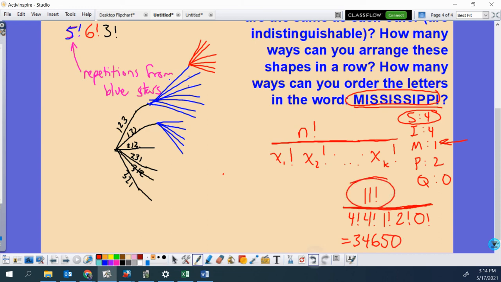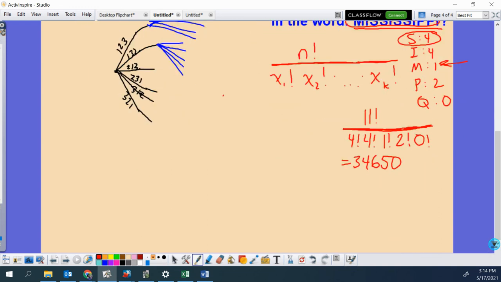If you want to do something like this by hand, if you're taking a math competition and you're not allowed to use a calculator, you might think, hey, that's absurd. How could I do that by hand? They're not that bad, though. Factorials are actually kind of fun to work with by hand. What I would do on this, 11 times 10, 9, 8, I'd get down to 4, 7, 6, 5, and then I'd just do a 4 factorial. And then we've got 4 factorial, 4 factorial, and 2 factorial, and then start canceling stuff.